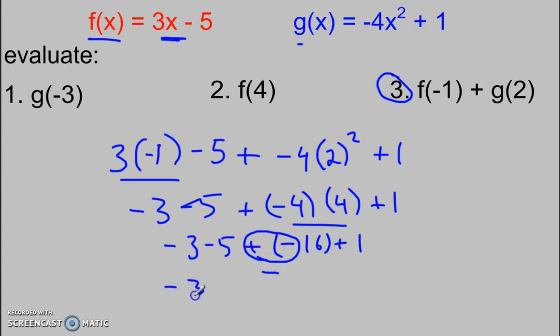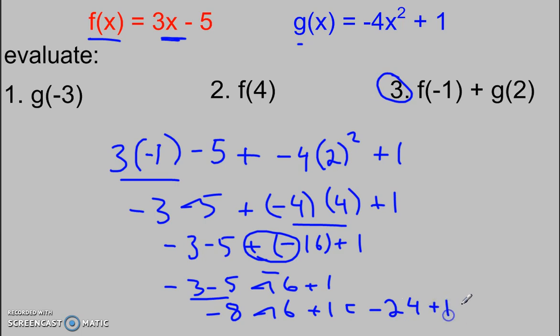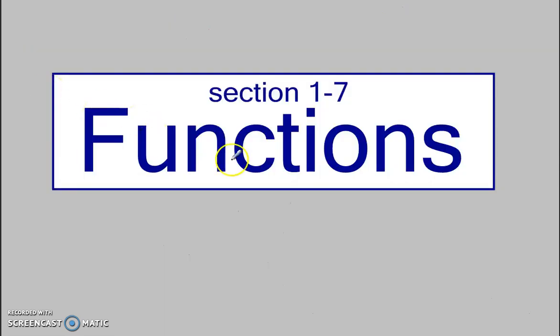So now I have negative 3 minus 5 minus 16 plus 1. That gives me negative 8 minus 16 plus 1. Negative 8 minus 16 is negative 24, plus 1 equals negative 23. So you can evaluate this too. And that was Section 1.7, Functions.